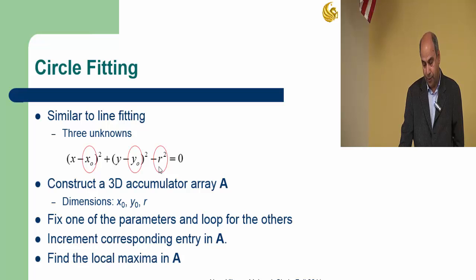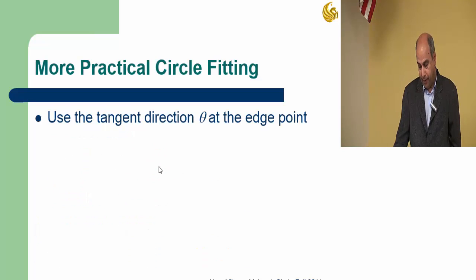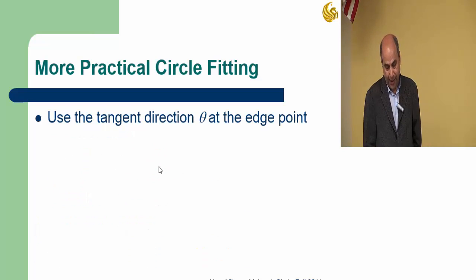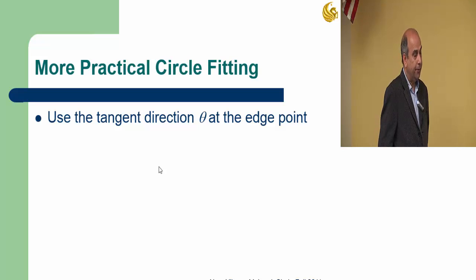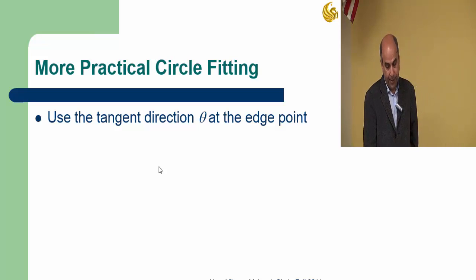And then we'll find the local maximum. The other thing we can do is that in this case also we can use gradient information. As we used gradient information in the straight line, it helps us, it reduces the loop by 1. So we can write down the equation of a circle in polar form also, which is also there.